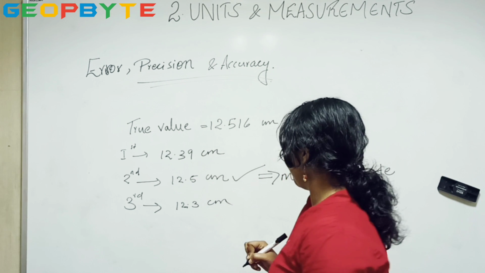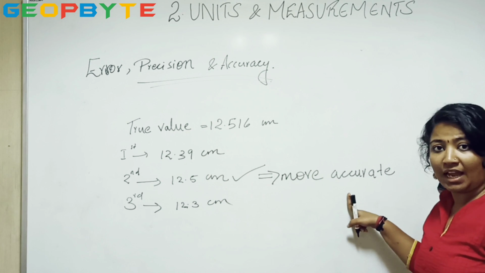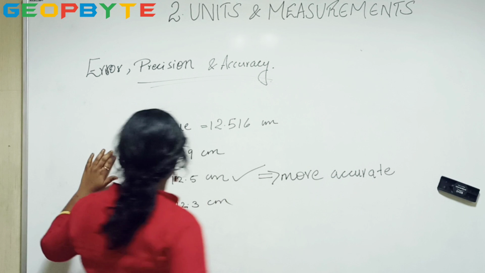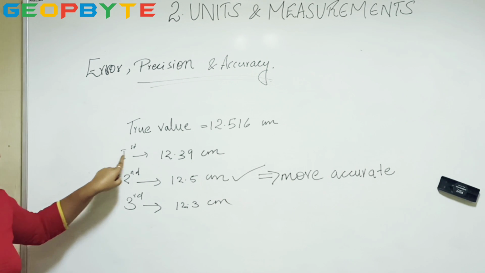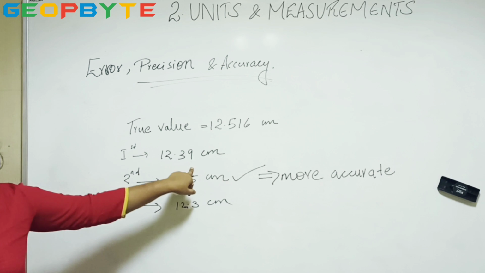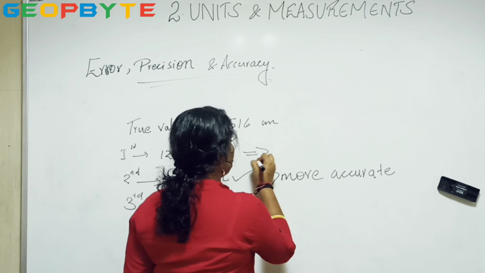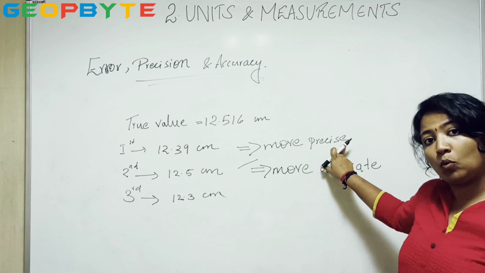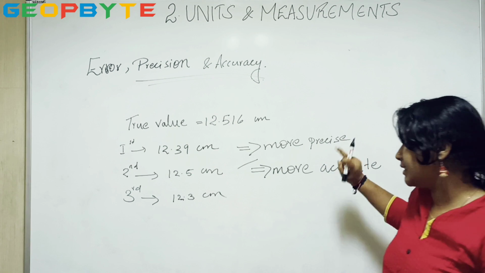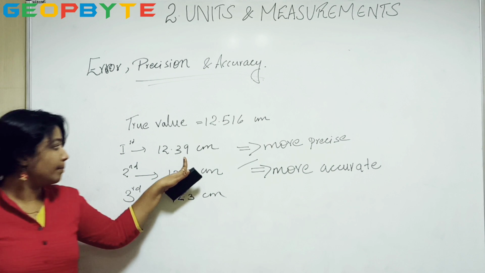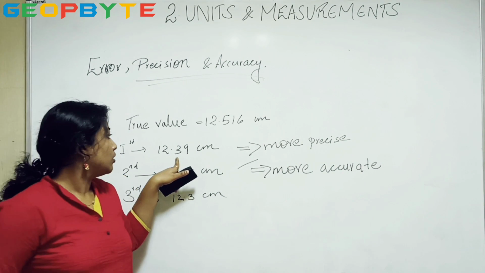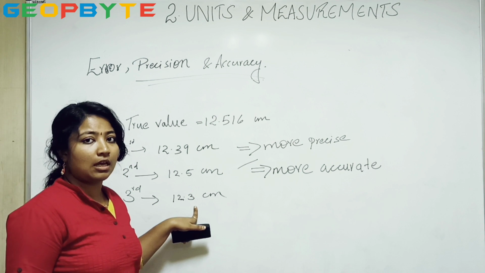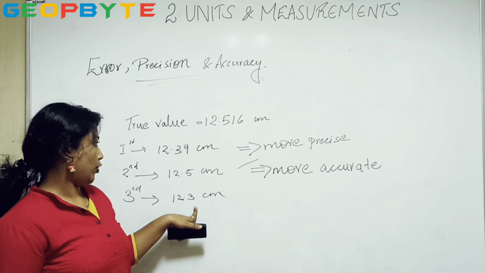Even though this is more accurate, it is less precise. The first one who measured 12.39 is more precise, because he was able to measure till 2 decimal points, whereas the other 2 measurements are only till 1 decimal point.